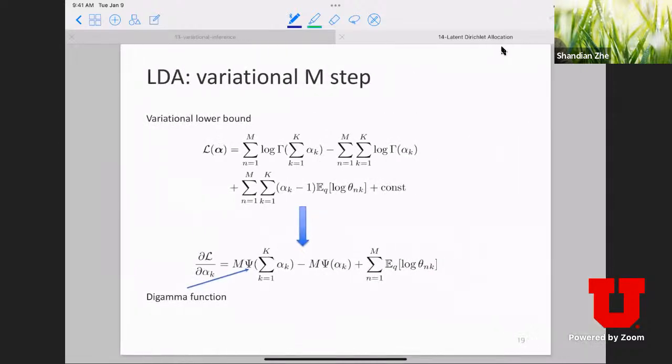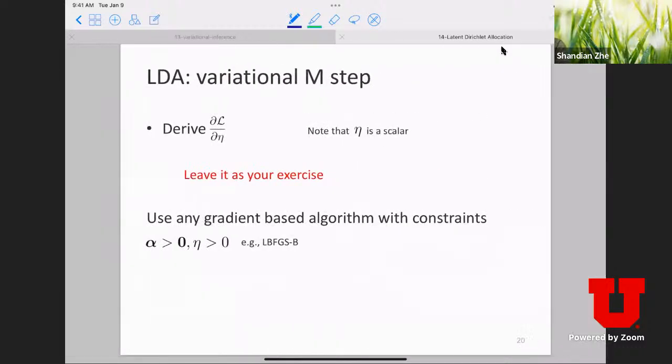Again, this will involve some digamma functions. If you're interested, you can try to derive that. It is a bit lengthy, but it's not hard at all. And of course, your Dirichlet prior parameters alpha and eta need to be positive. So when you run L-BFGS, you might add some bounding constraint, right? It must be positive. And just do this.